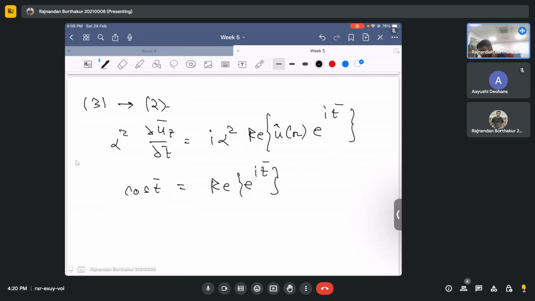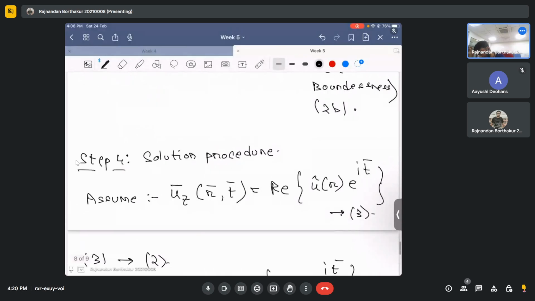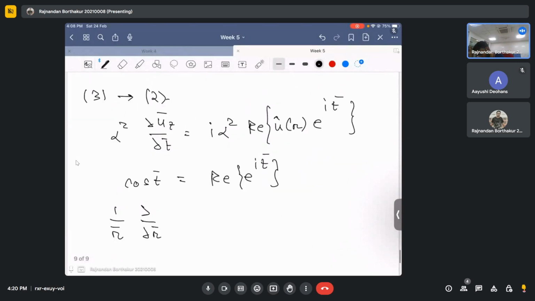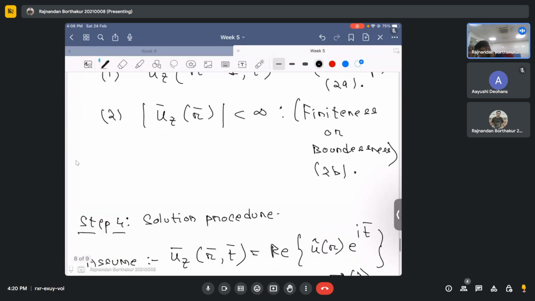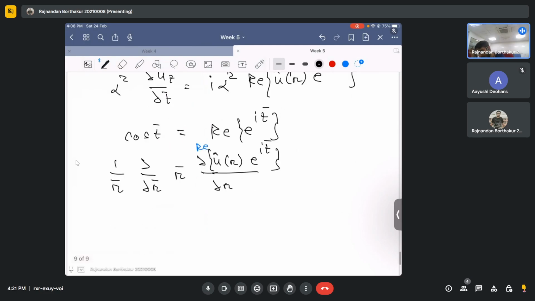All right, and the other term, what is that? It is just 1 by r bar times del r bar of r bar times del uz bar by del r bar. So this becomes 1 by r bar del r of u hat of r e power I t bar, and of course there has to be a real part here. If we simplify, we are just substituting and simplifying, so there's nothing new here.